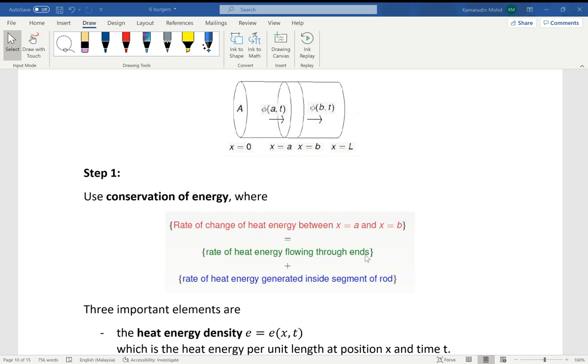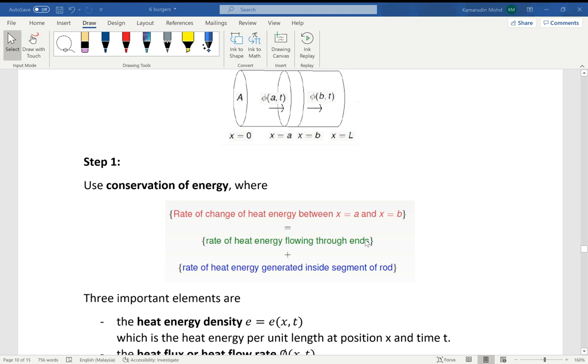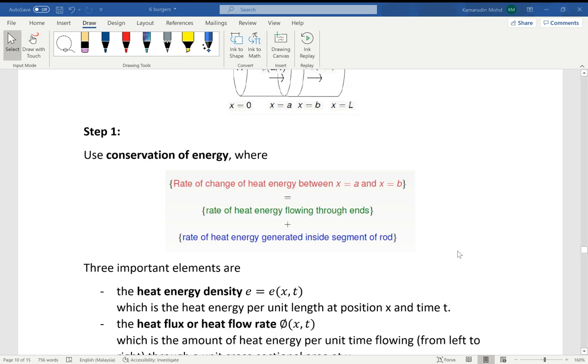The first term on the right is the rate of heat energy flowing through the ends, or actually the flux. The last term is the rate of heat energy generated inside the segment of rod. So these three elements are the statement based on the conservation law principle.